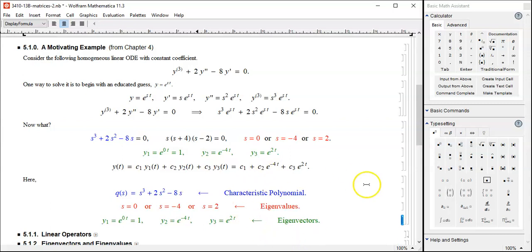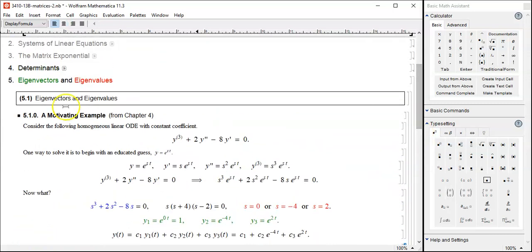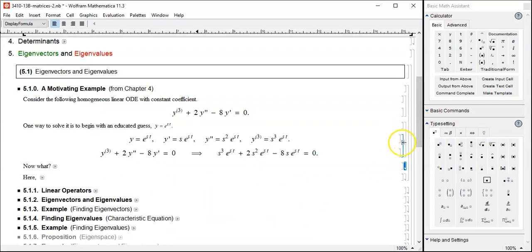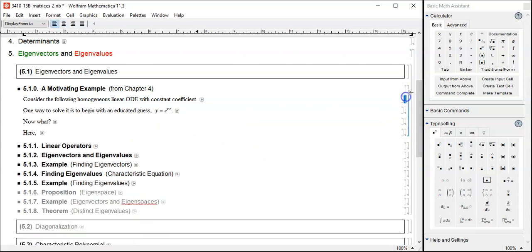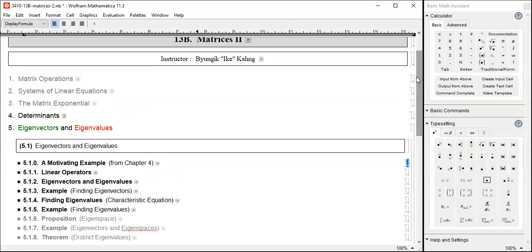And that's how these terms, eigenvectors, eigenvalues, and the characteristic polynomial, which did not show up in this title, are all related in terms of linear differential equations. And that's something we have been doing in chapters 3 and 4. Now keep that in your mind somewhere.